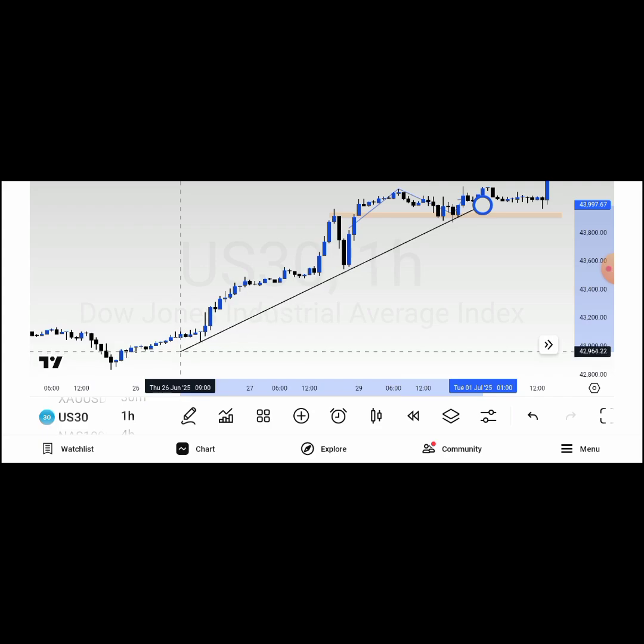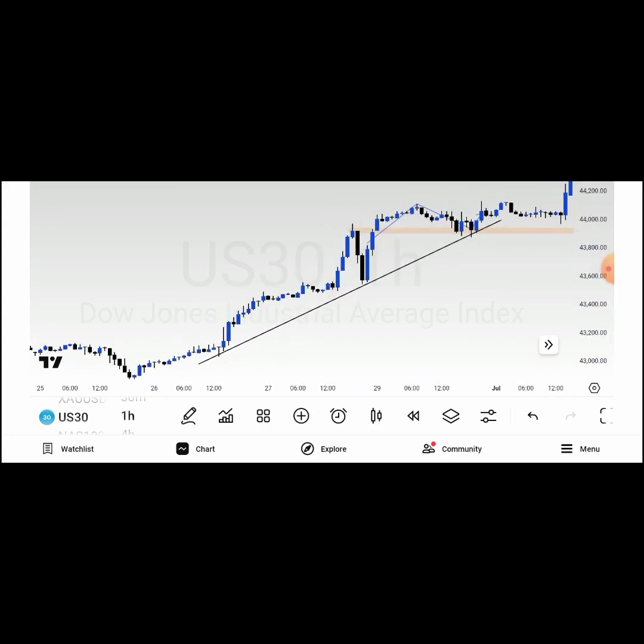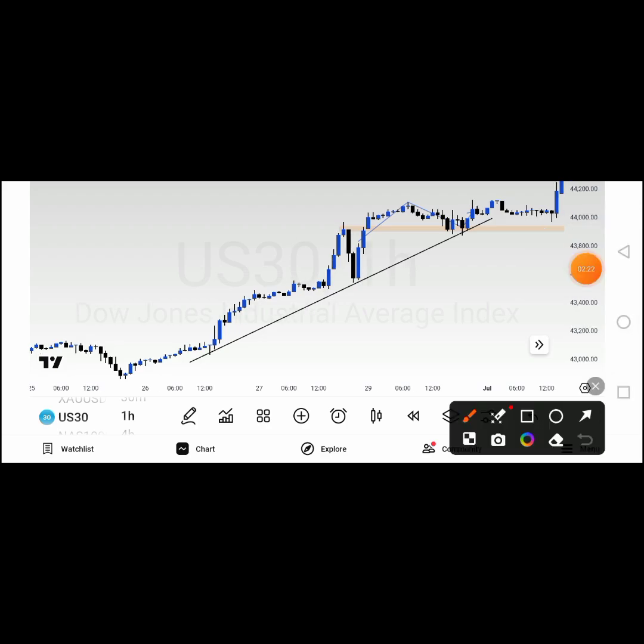Like this. So this is a trend line there. All right, so guys, you can see there's a trend line around there. This is 1 touch, this is 2, and then this is now around the 3rd point. So trend line 2, trend line 3.